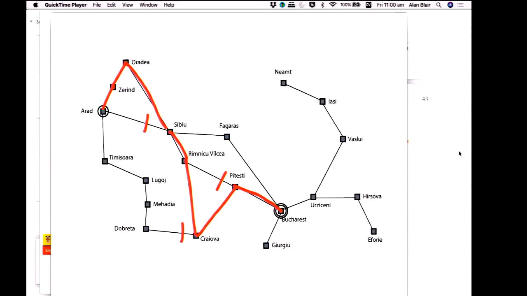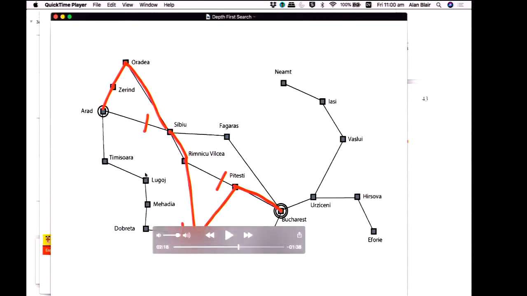Now, what's the advantage? Well, the advantage is you don't have to remember too much when you're exploring. In this case, I've already explored all of these cities, but I don't have to keep those cities in my memory. All I have to remember is that I took this path here and it led to a dead end.